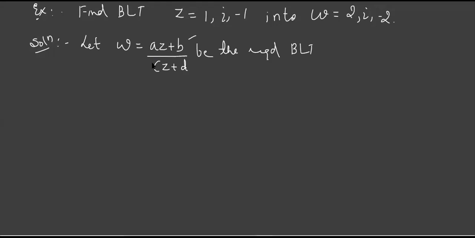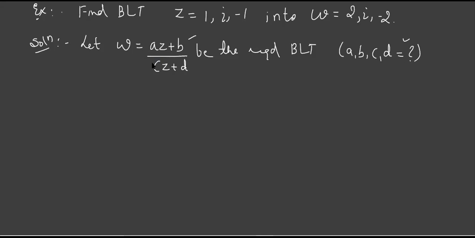What are the unknowns? This is general, it contains a, b, c, d. So if you get the values of a, b, c, d and substitute here, that is the required bilinear transformation. And to get this, we have to take the help of the given conditions.